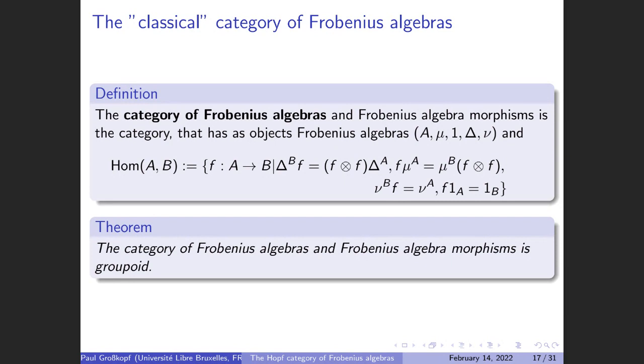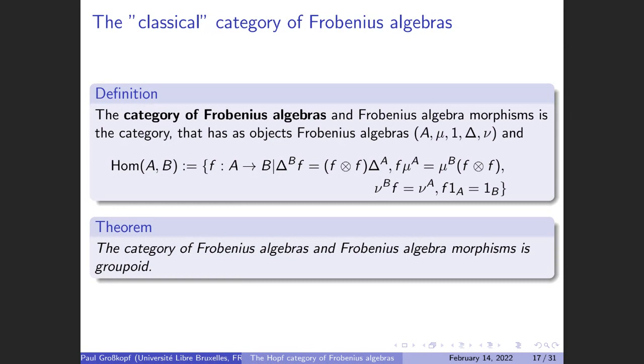So all my homomorphisms between A and B are maps from A to B that preserve my co-multiplication, my multiplication, my co-unit, and my unit. And again, we have something that looks like an F tensor F. So if we remember in the group case, I had a G point G. So this is already quite suspicious that maybe we can work with a second co-multiplication here.